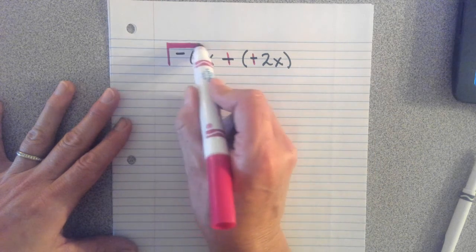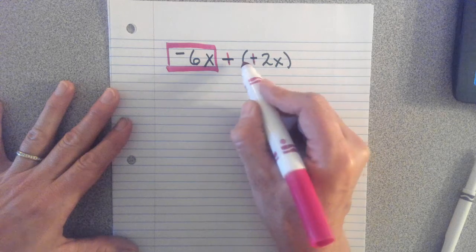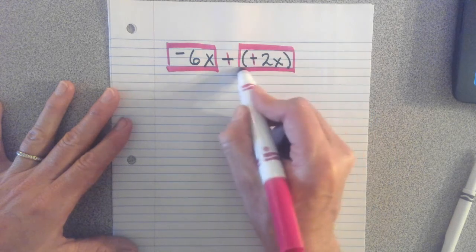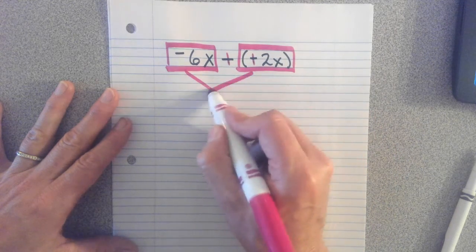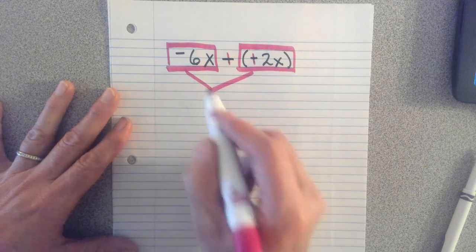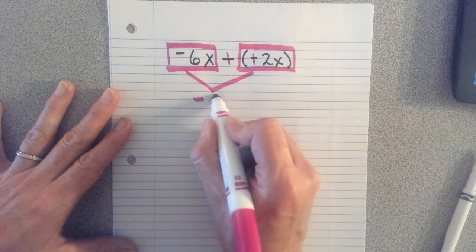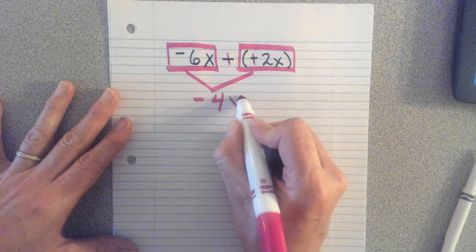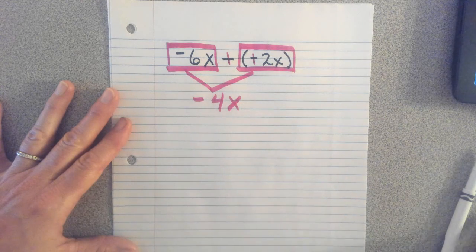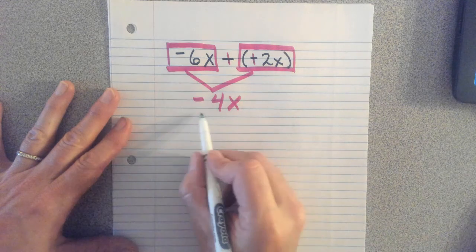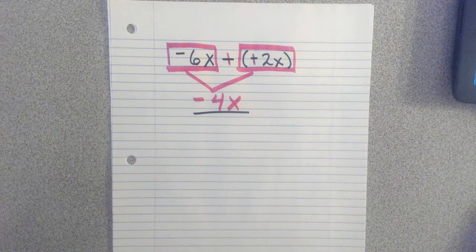So I have 6 negative x's here and 2 positive x's here. And when you put negatives and positives together, they cancel out. The negatives win by 4. So -4x. And there's no unit tiles here, so we're done. We don't have to do anything else. That's our answer.